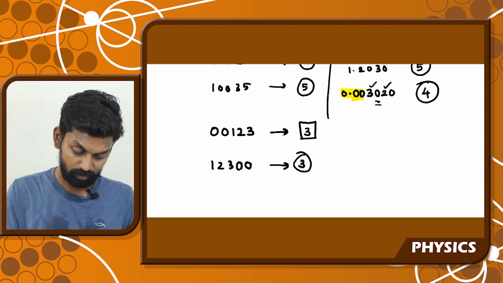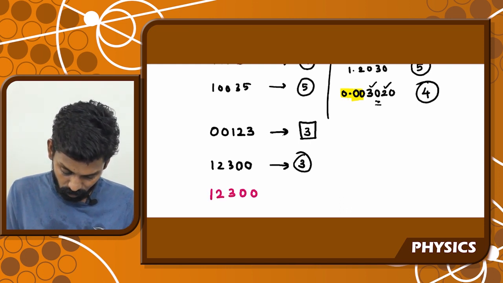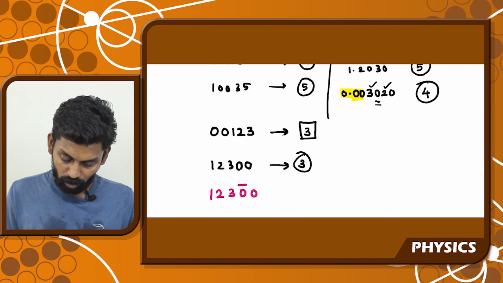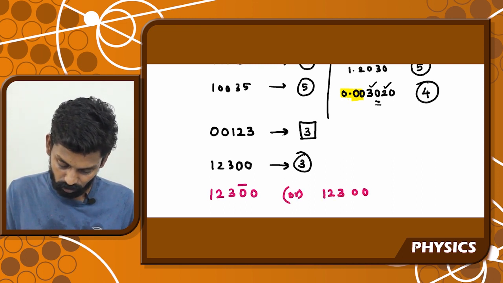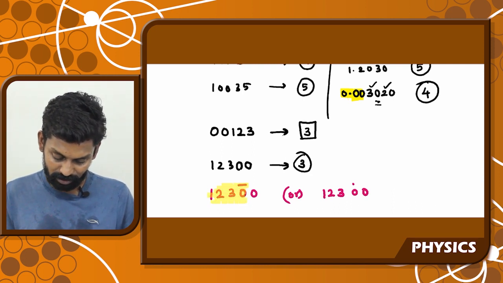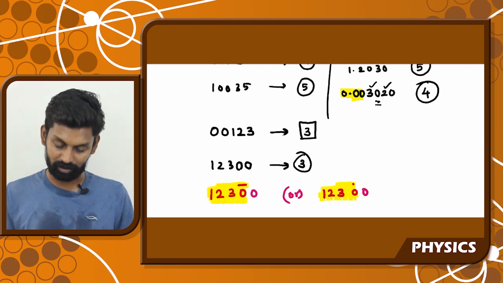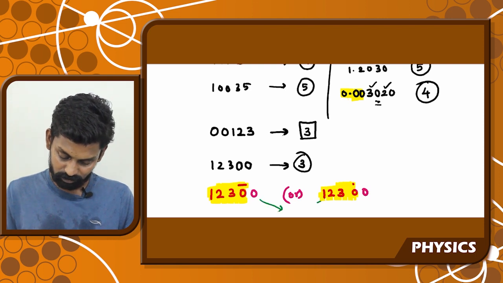But if it is mentioned like this, 12300 with a bar or a dot, this says that this number is significant or this number is accurate only up to where you put a bar or a mark. So in these cases you have 4 significant figures.